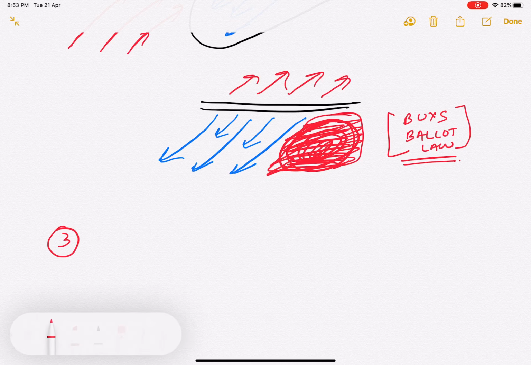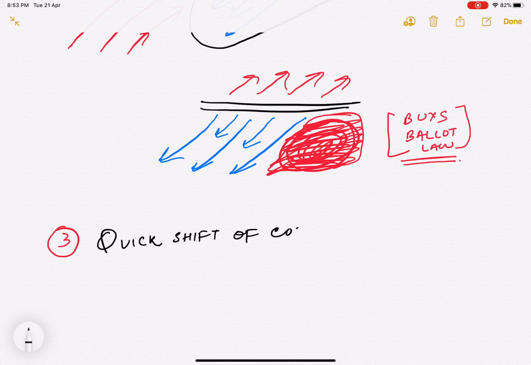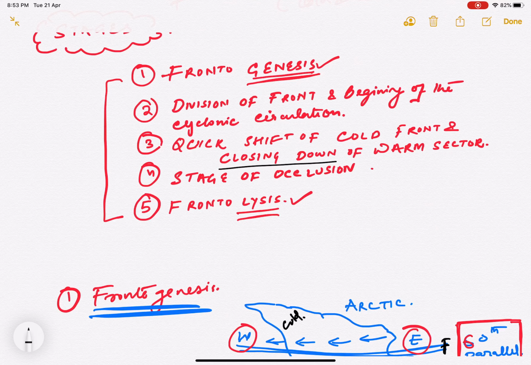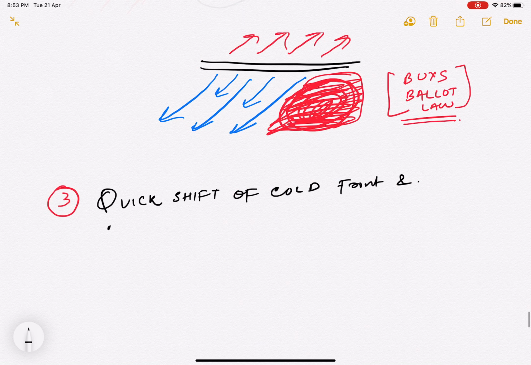The third stage is nothing but the quick shift of the cold front and the closing down of the warm sector. I have just explained it to you.